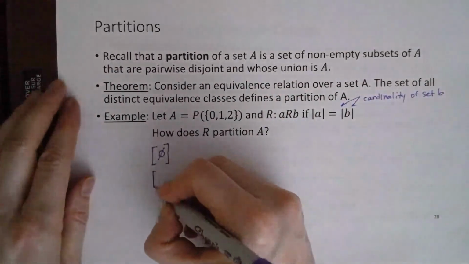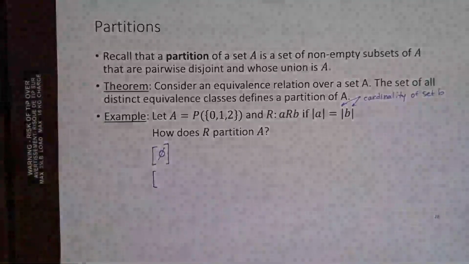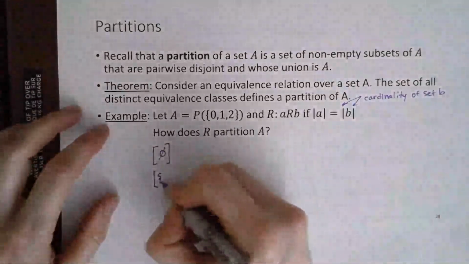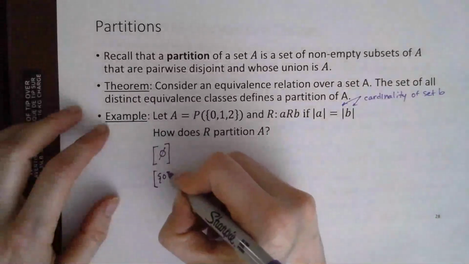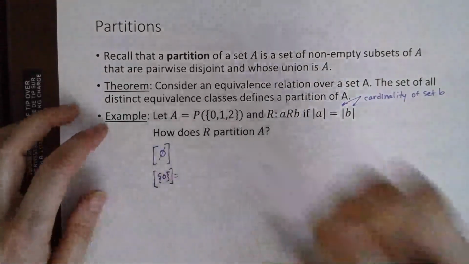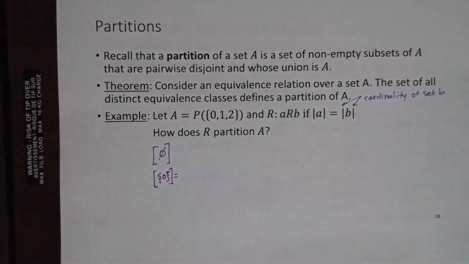The next smallest set I can think of is the set that just has one element in it. Are there any other elements that would also have only one element and be in that same equivalence class?